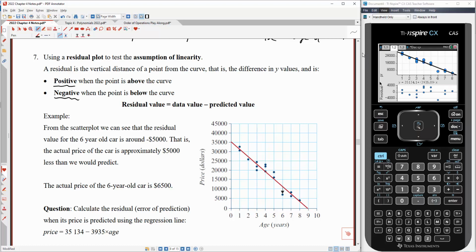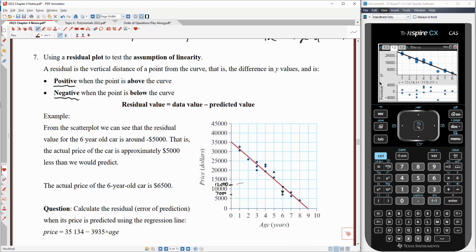All right, so let's do some stuff with it. From the scatter plot, we can see the residual value for a 6-year-old car. So here's 6, here's the point here. We can see that that's roughly 12,000, and the point here is roughly 7,000. Let's go with those values. The difference between the two, 12,000 and 7,000, is roughly 5,000.